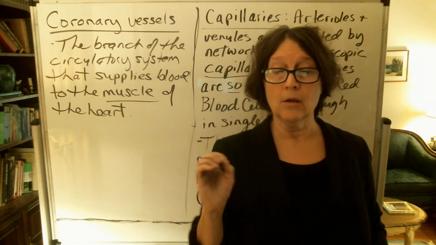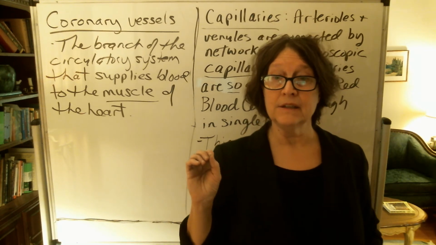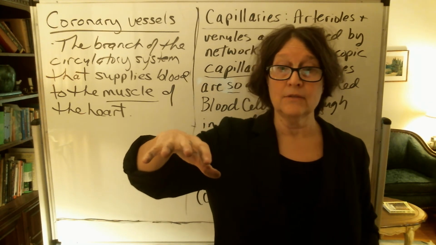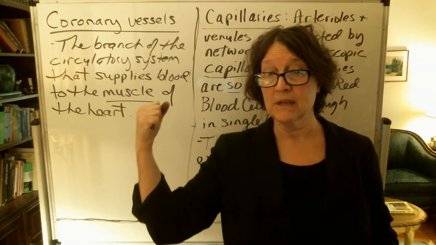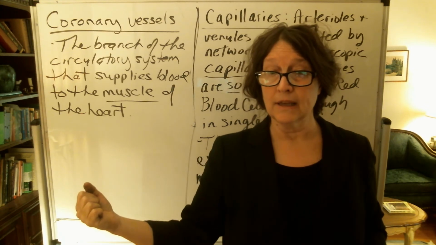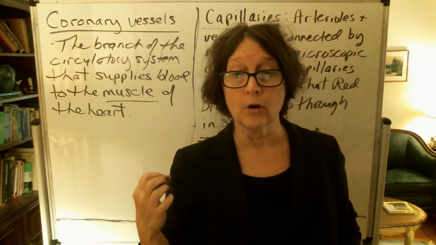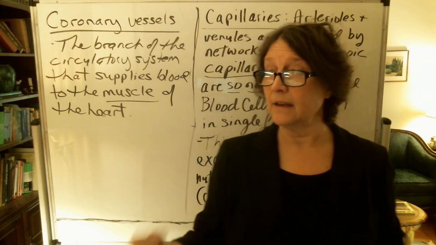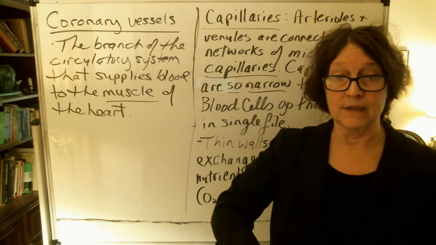Like any other organ or muscle in your body, it needs special blood vessels that go to it and supply it, just like your bicep has arteries and veins supplying it with blood and taking the blood away. Same thing with your heart. It's a muscle, and it winds up having blood vessels, arteries, and veins that serve it.